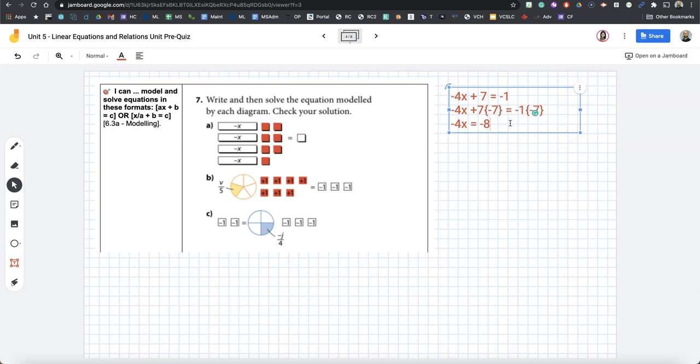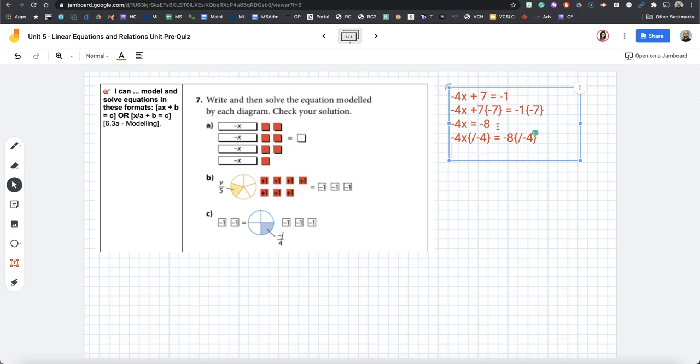Let's keep going. How can we get rid of the negative 4? We're so close to getting x by itself. What we want to do is divide each side by negative 4. So negative 4x divided by negative 4, equals negative 8 divided by negative 4, and watch what happens.